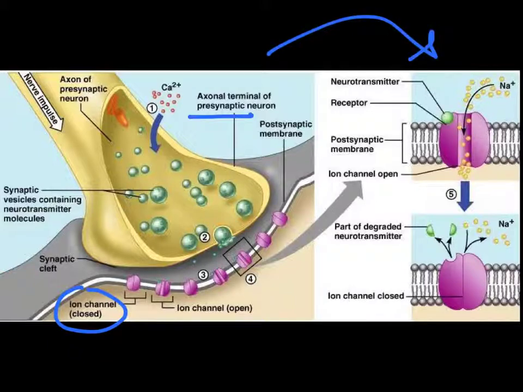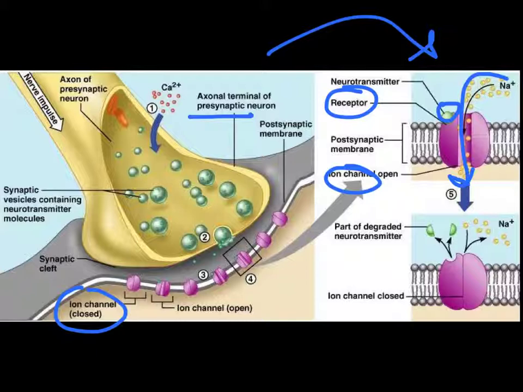Let's imagine that this neurotransmitter has been released from the presynaptic axon terminal, and it connects to the receptor portion of this ion channel. And once this neurotransmitter falls into place, it acts like a key and opens a door. It opens this ion channel so that all of these sodium ions can pass right into the cell.